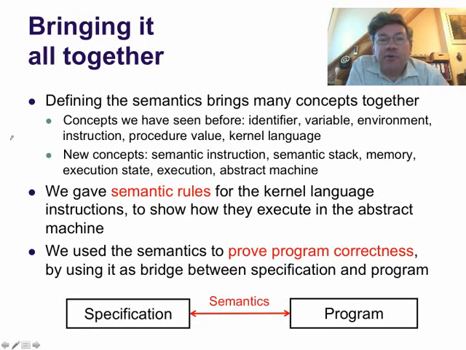Let's now briefly summarize what we saw in this lesson and take a step back and situate this understanding with respect to the wider view of things. So first of all, we brought many concepts together in this lesson. Concepts that we saw before: identifier, variable, environment, instruction, procedure value, kernel language, and new concepts related really to the execution, to the execution state and the sequencing.